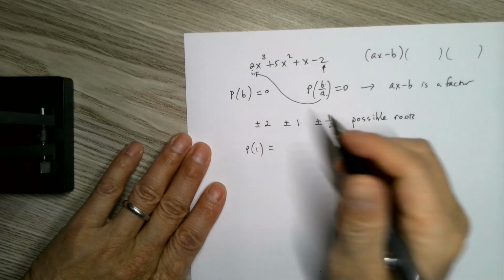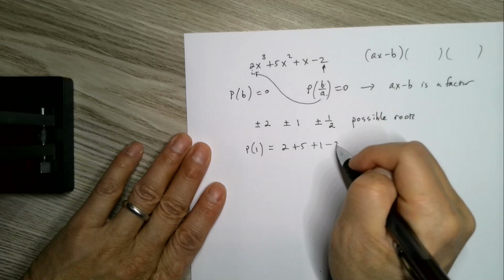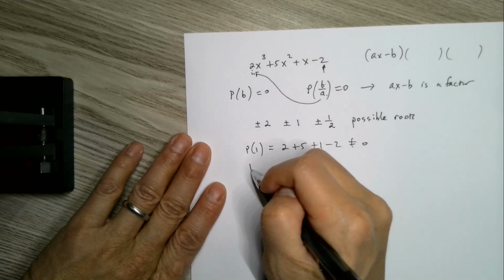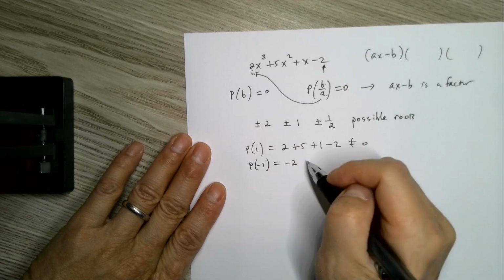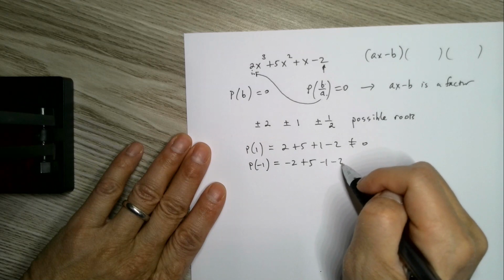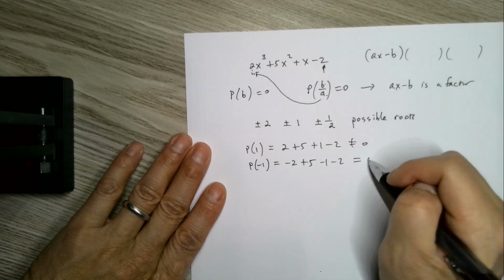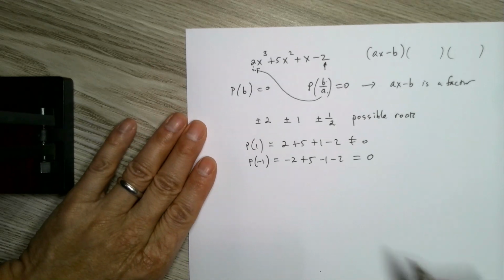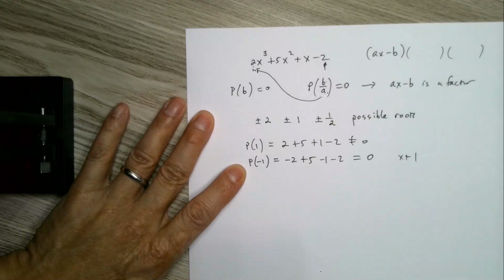So p of 1 gives me 2 plus 5 plus 1 minus 2. Okay, that's not going to be 0. P of negative 1, negative 2 plus 5. This feels better. Minus 1 minus 2. That is a 0. Okay, so I know that one of my factors is x plus 1.